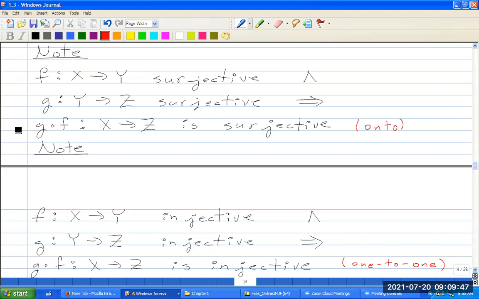So if F maps X onto Y, and G maps Y onto Z, then G composed with F maps X onto Z.